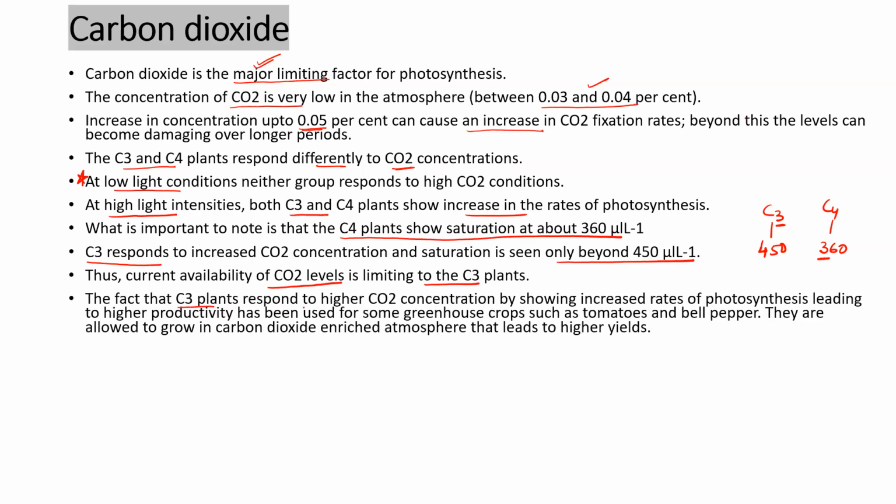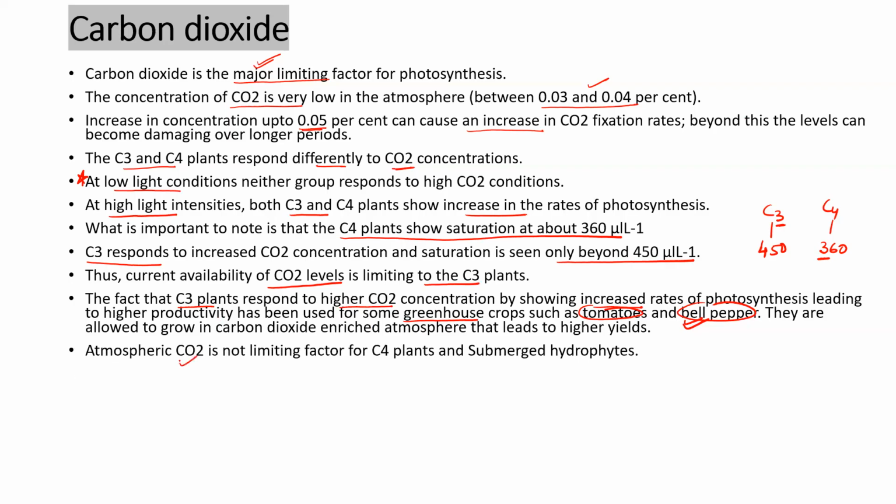C3 plants respond to high carbon dioxide by increasing the rate of photosynthesis. We have used this to increase the production of greenhouse crops, that is tomato and bell pepper, which are grown in a carbon dioxide enriched atmosphere. Atmospheric carbon dioxide is never a limiting factor for C4 plants and for submerged hydrophytes.